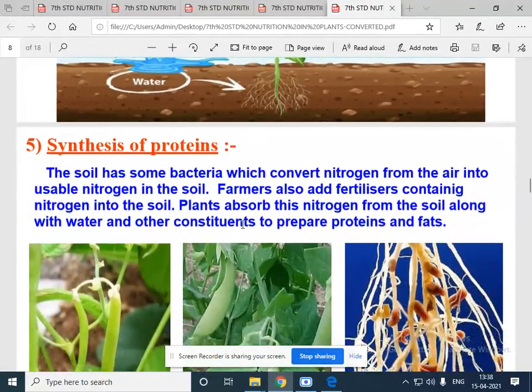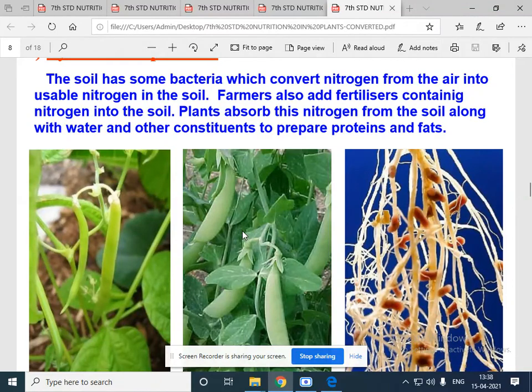Now, synthesis of proteins. As you know, plants grow with the help of soil. For that, nitrogen is also required in the soil, right? The soil has some bacteria. That bacteria takes nitrogen from the air, and that nitrogen is converted into usable nitrogen, which is mixed with the soil.